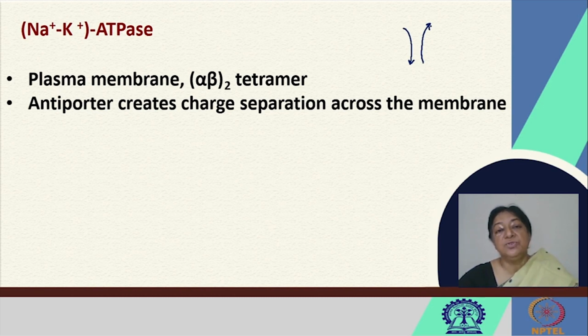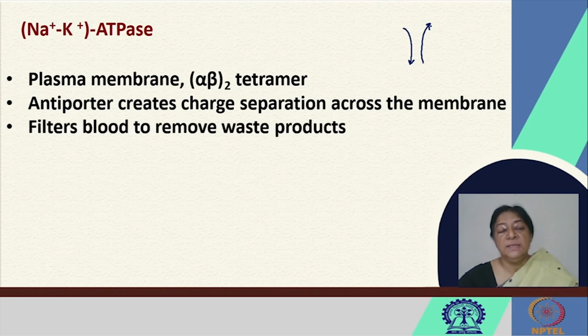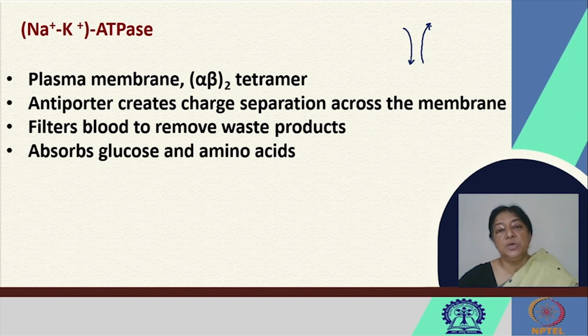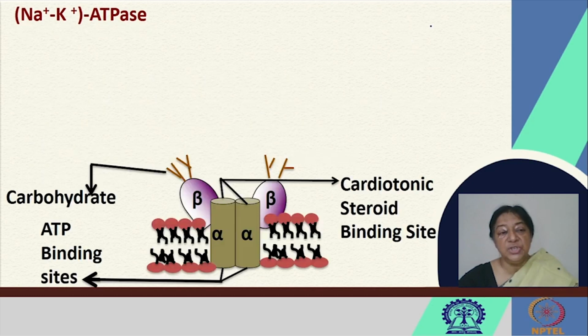So there is an electrochemical potential associated with this transfer. This is a very important process because it involves the filtering of blood to remove the waste products. It absorbs glucose and amino acids, regulates pH, and this is what the structure looks like.